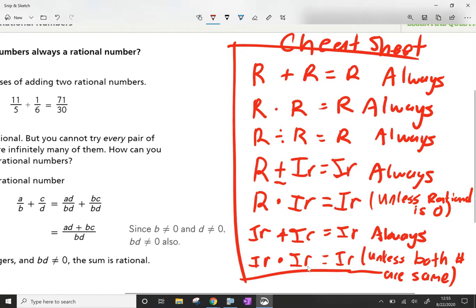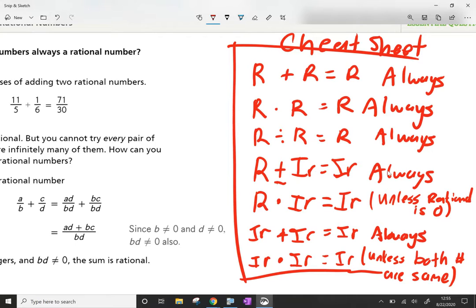So the answer here, irrational times an irrational, most of the time is going to be irrational, but it will be rational if both numbers are the same. So unless both numbers are the same, then it would be irrational. Okay, but just keep that in mind. It is possible it won't always be irrational. It could be rational or irrational, just depends.